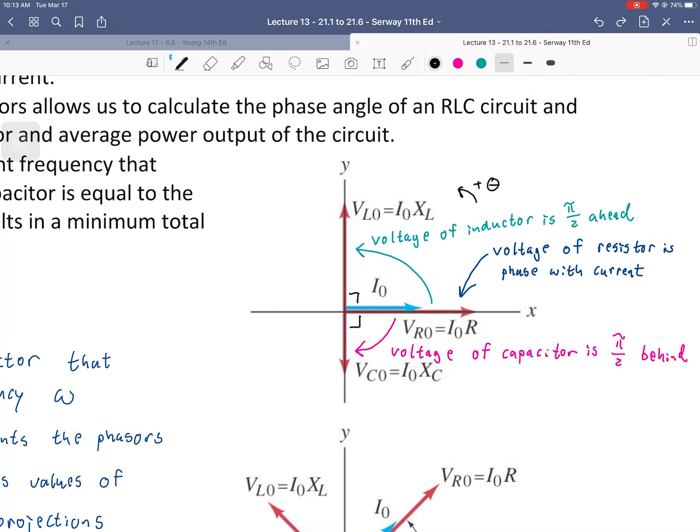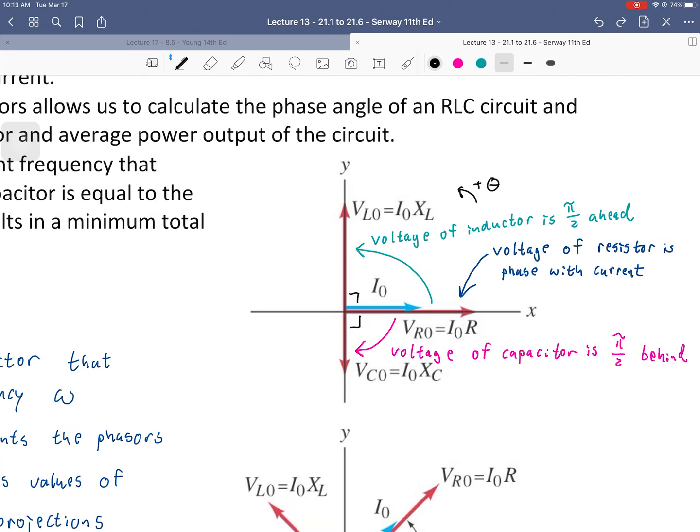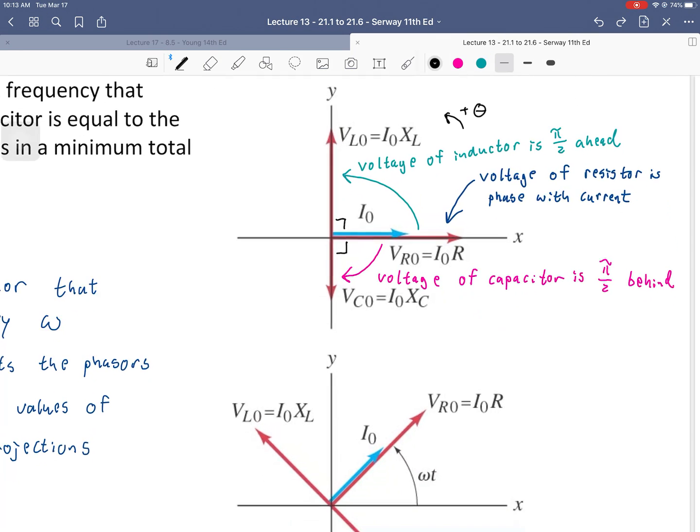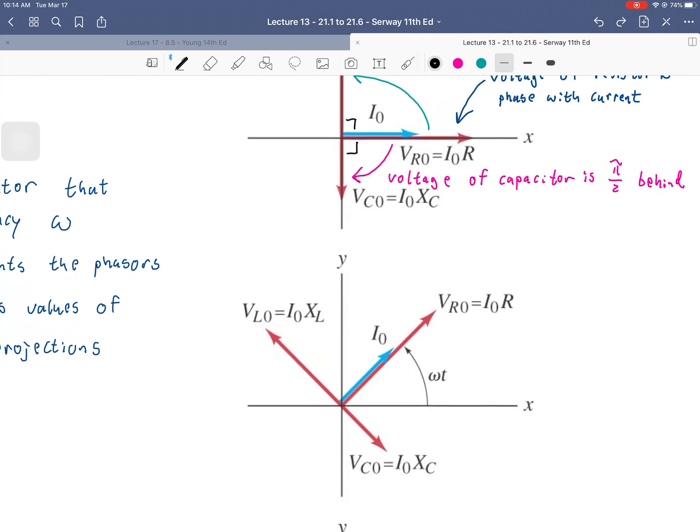But right now this whole picture here is sure a vector diagram, but the phasor nature isn't really obvious. But it is if we look down below, because we see now we've taken our same vectors, so our current into the circuit, our unphase shifted voltage across the resistor, our shifted ahead voltage across the inductor, and our shifted behind voltage across the capacitor.